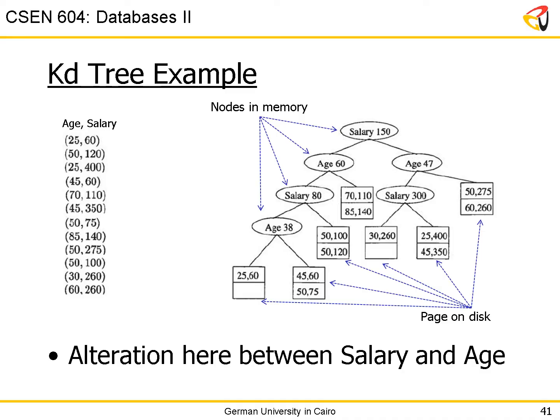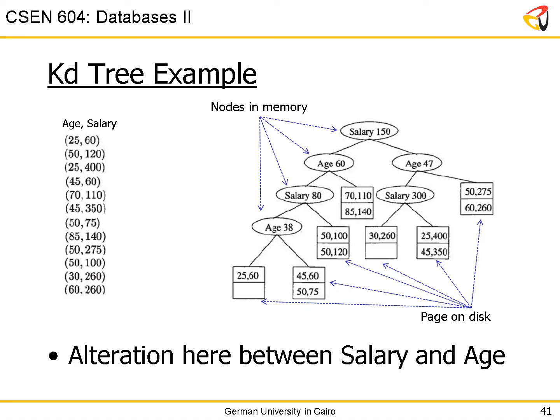So I decided to start with salary. Since I have started with salary, the next level in the tree must be for the age information. Now, the one after it must be for the salary, and the one after that must be for the age. So the alternation goes on like this. Starting from the root, it's salary, then age, then salary, then age, and so on.